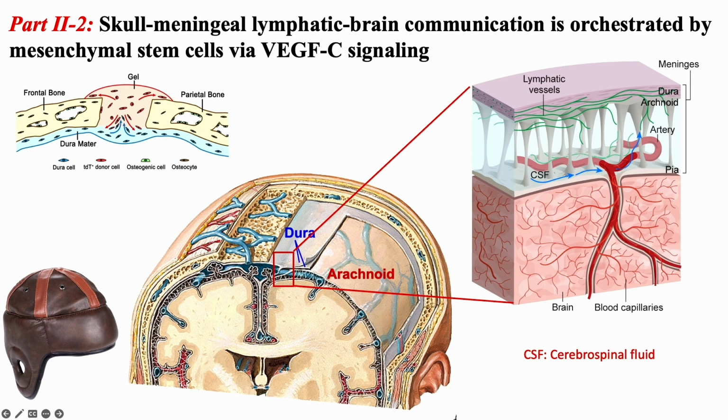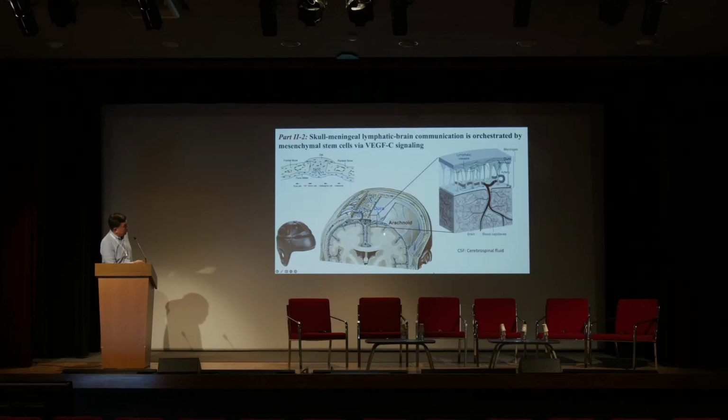At the midline here you can see the superior sagittal sinus, where you can see the arachnoid granulations that help to drain the cerebrospinal fluid into the superior sagittal sinus. Within this space, the subarachnoid space, you will see blood vessels, cerebral artery and vein, and also part of the lymphatic system.